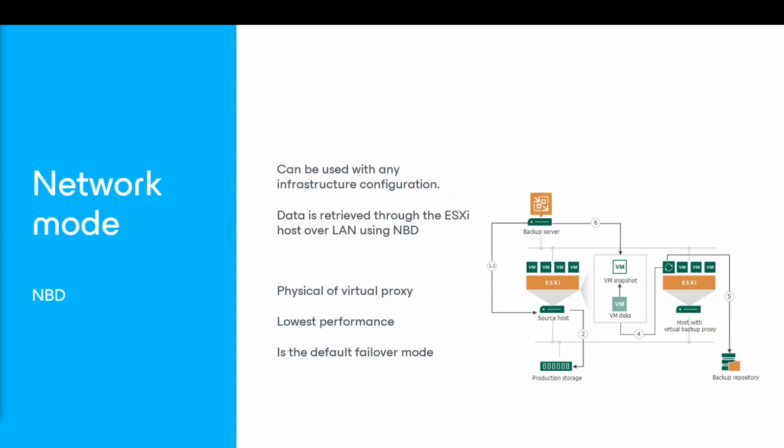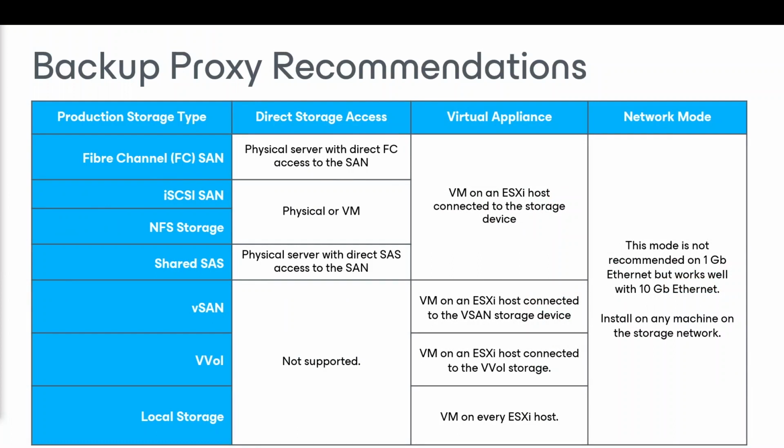In case you would rather have an error message because you always want to back up using direct SAN access or virtual appliance, right? You don't want to switch to network mode, for example. Other than that, it is the default. So here we see a table with all the backup proxy recommendations. This table comes completely out of the user guide, so you can also find it there.